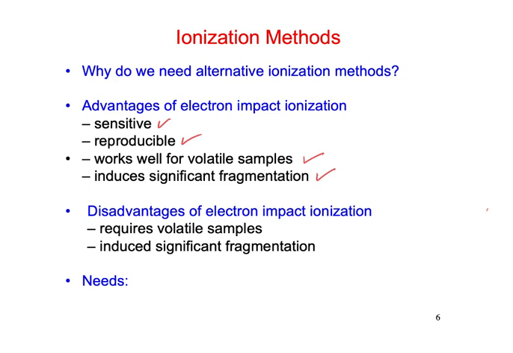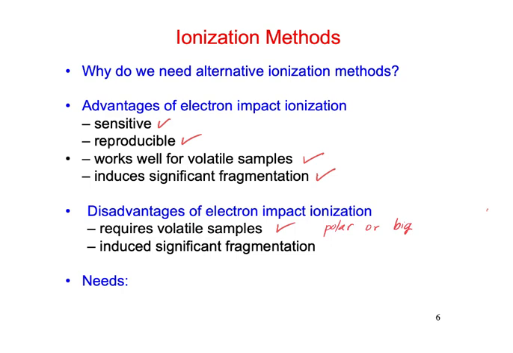The disadvantages are sometimes things that were also advantages, right? One disadvantage is that it not only works well with volatile samples, it requires volatile samples. Things that are not volatile, meaning that they're much more polar, meaning there are more intermolecular forces and a higher boiling point, or they're big.